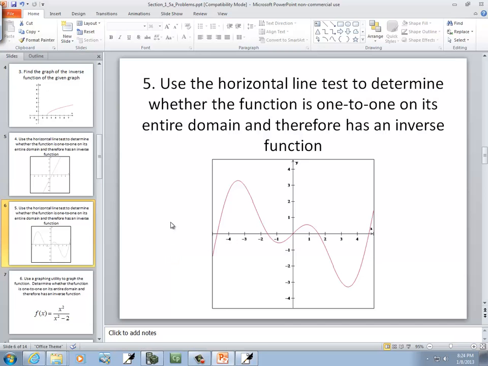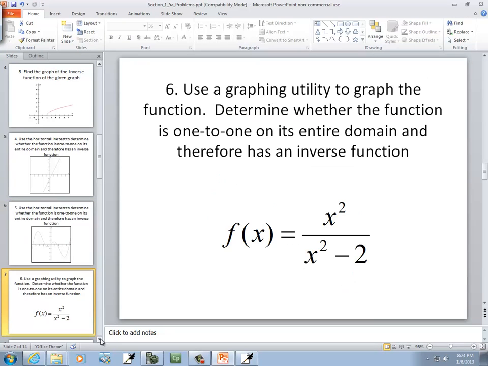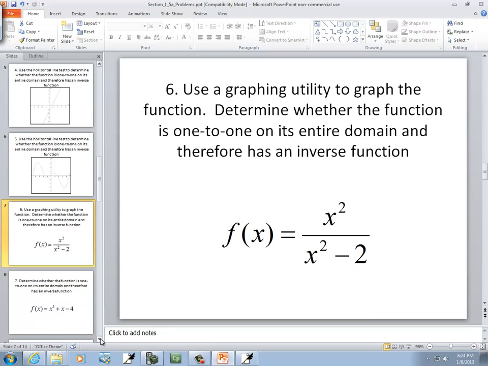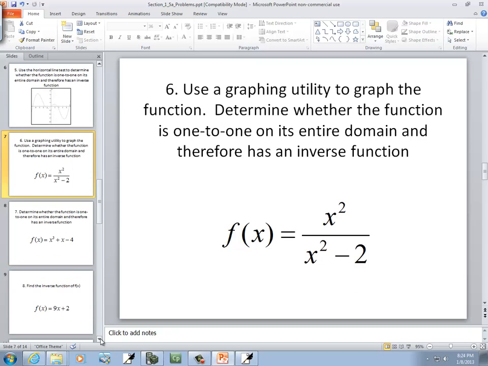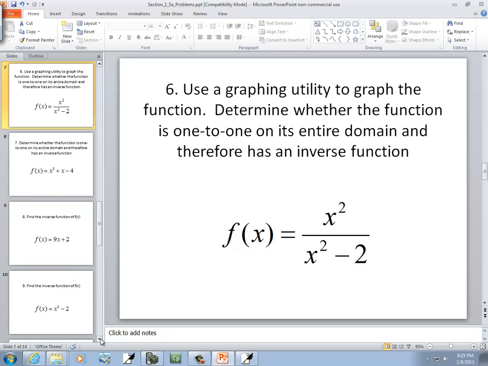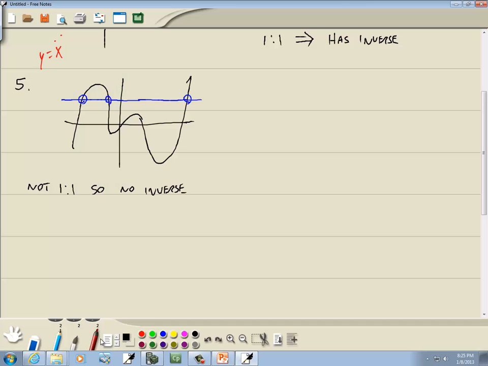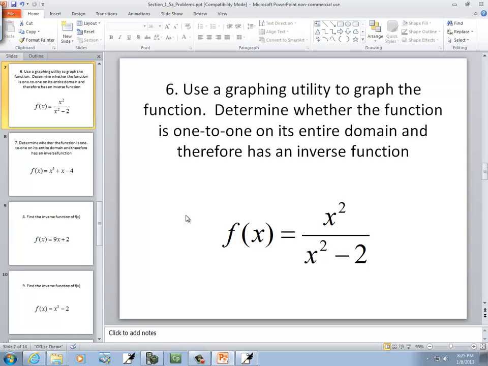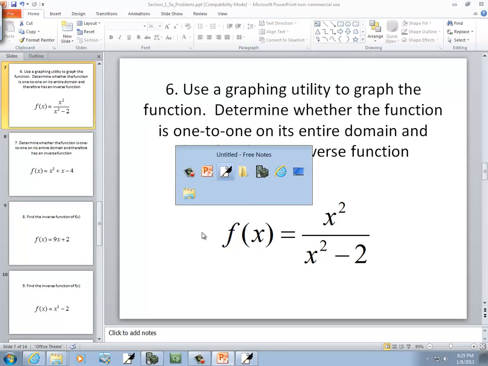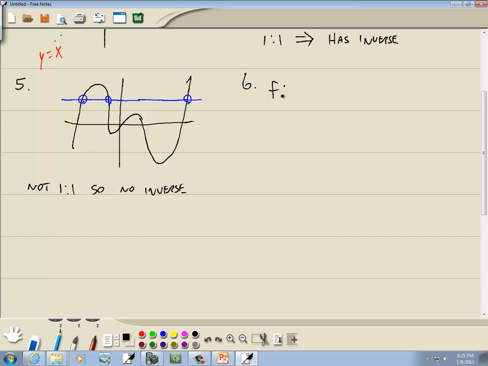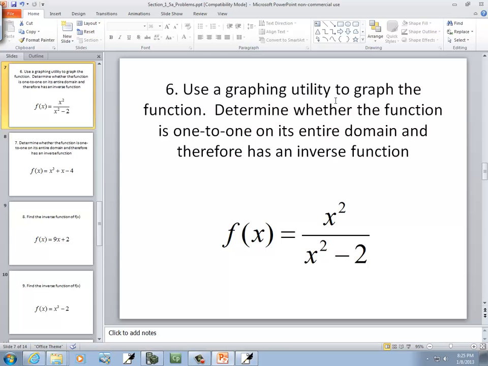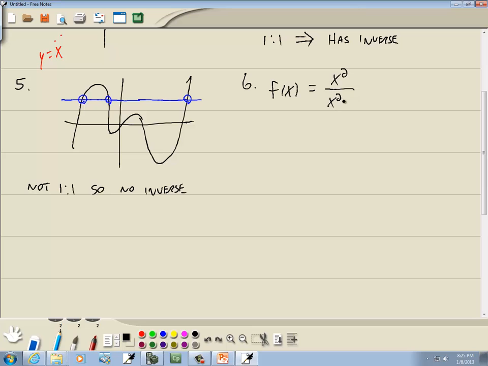Now these examples gave us the picture. This next one, we're going to actually have to graph it ourselves. Okay, so number 6. Now we got f of x is equal to x squared over x squared minus 2.